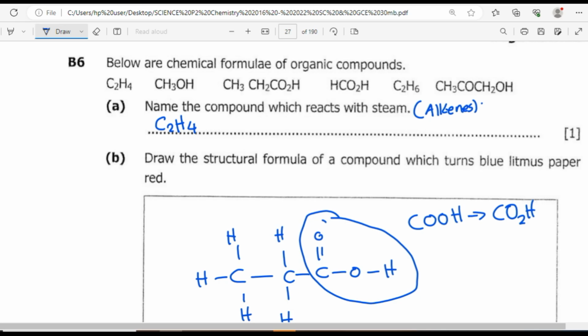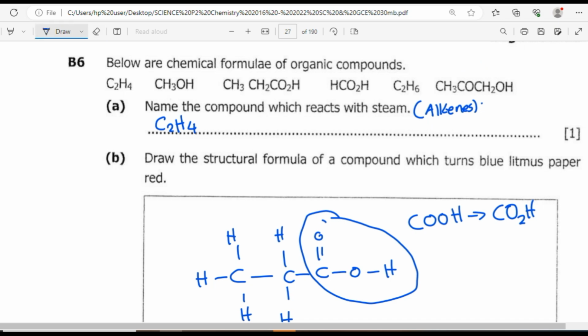Let's try this one and this one. From this one, we can see 1, 2, 3, so there are 3 carbons in total. Then here we also have 1, 2, 3, so 3 carbons in total.